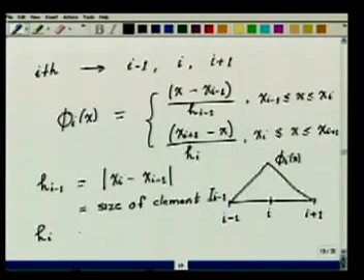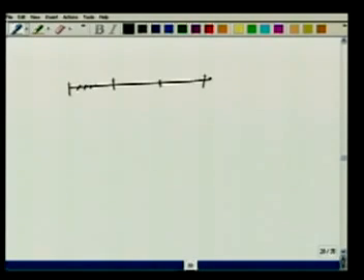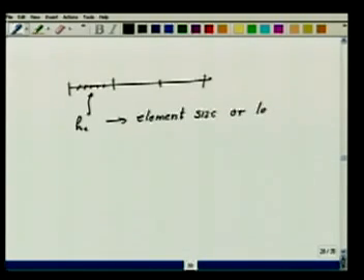Similarly, hi is equal to xi plus 1 minus xi, which is the size of the element I. So here comes another notation that we will come across in the finite element method, that for all the elements in the domain, so if this is the element, we will have a corresponding size hi. This is called the element size or local mesh size.